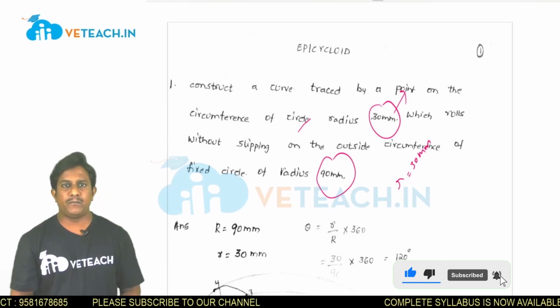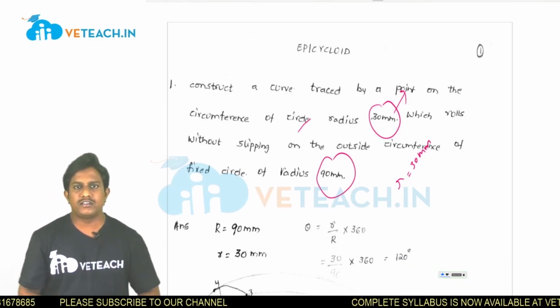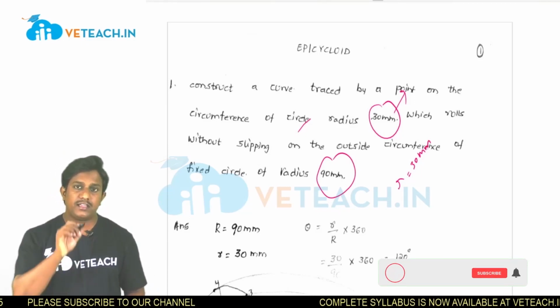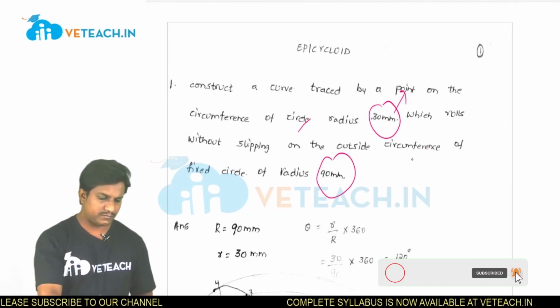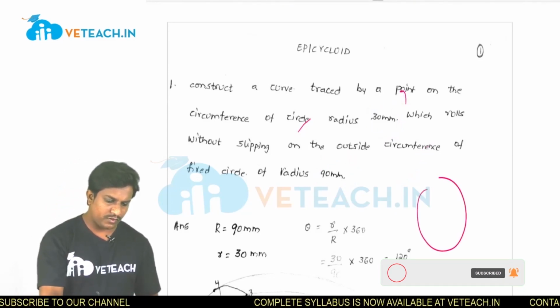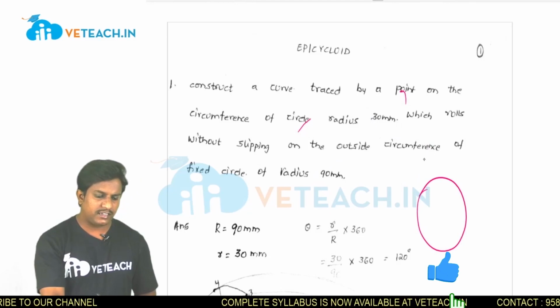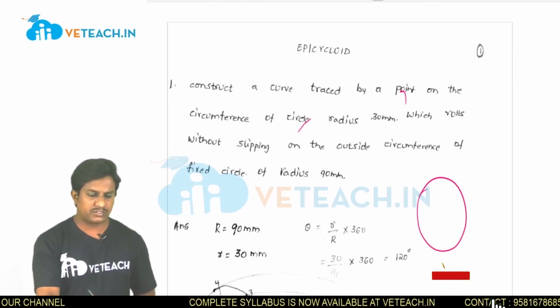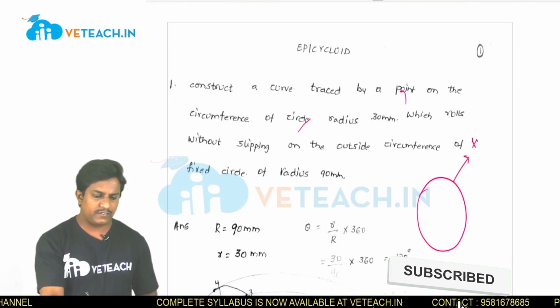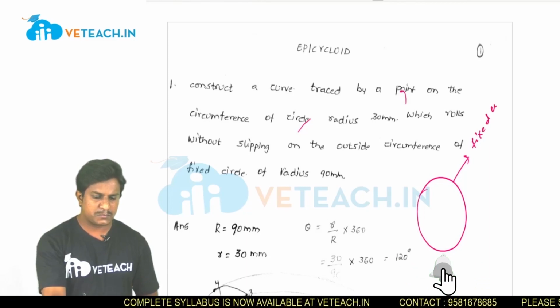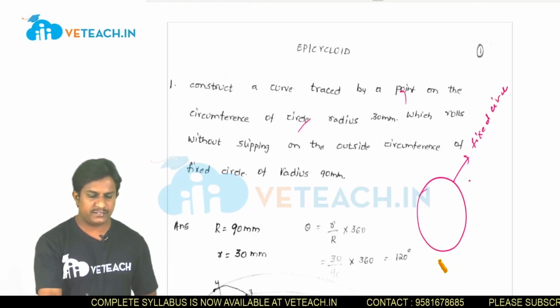I will give a key point difference between epicycloids and hypocycloids. We have two circles in epicycloids and hypocycloids. This is the fixed circle, or base circle.